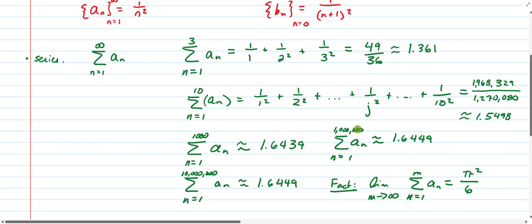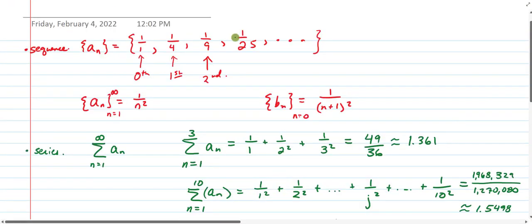I did the first 1 million terms, the first 10 million terms, and what you see here is, although there might have been a large jump when I added up between the first 3 and first 10 terms, the amount that I'm adding each time gets smaller and smaller. You can see that because each time I add a new term, I'm adding on a term that's smaller than any of the previous terms.